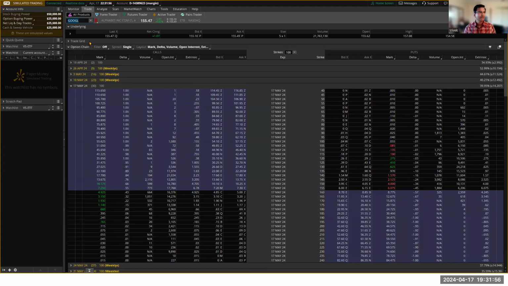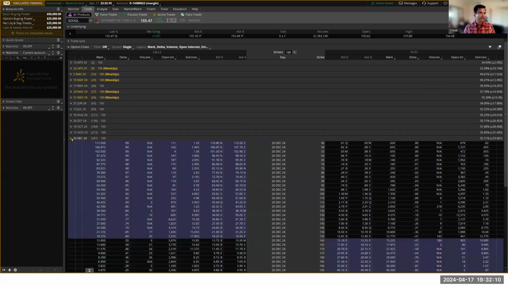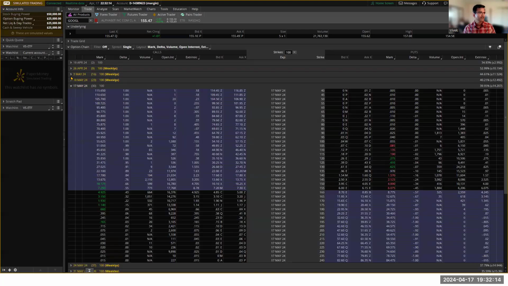First thing you need to look at is something called the option chain. I go to the option chain, and on different software it may be displayed differently. Here I go to the option chain, then I want to go to my expiration period. There are different option contracts for different expiration periods. I'm going to select 17th May. Come to the put side. Left side is calls, right side is puts.